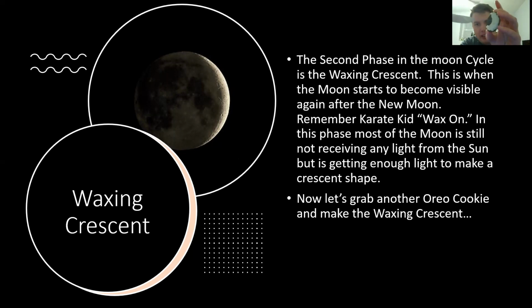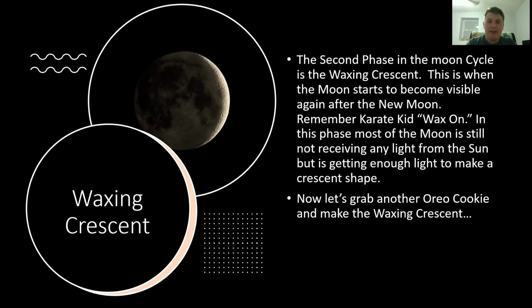And you want to leave the slim part right there, but you want to take the rest of it completely off. And then it looks like this, which is exactly the same way that our moon looks on here. So there we go.